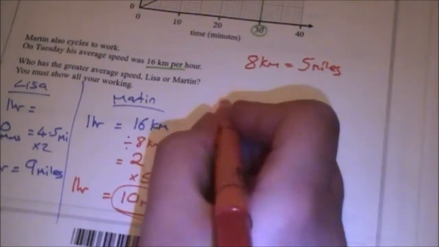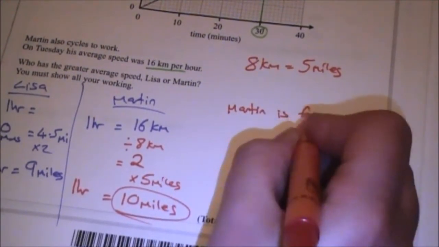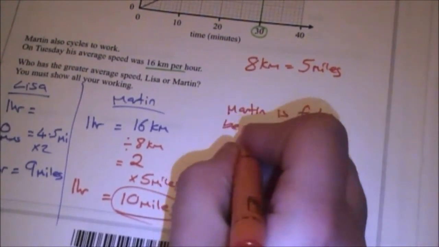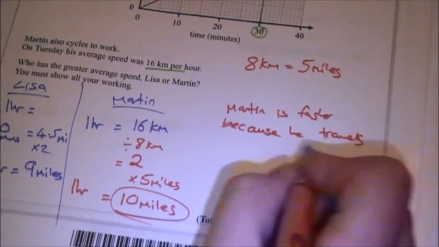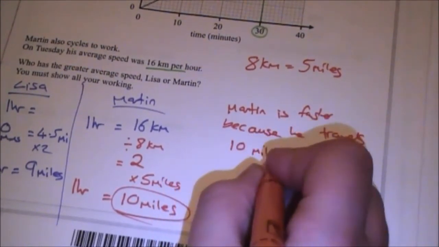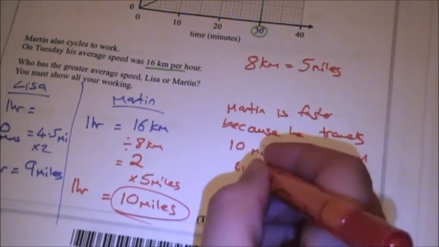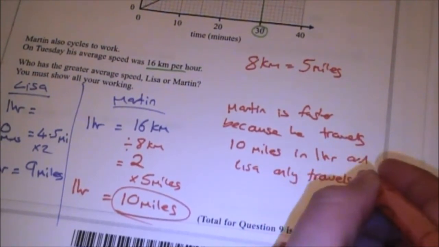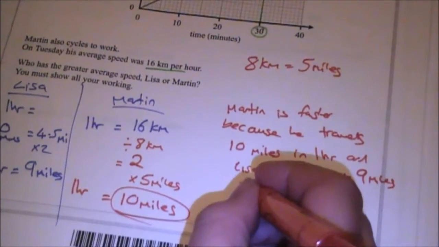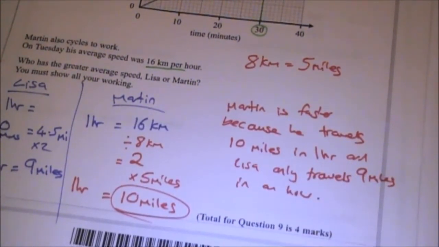So I'm going to make my conclusion now that Martin is faster because he travels 10 miles in 1 hour and Lisa only travels 9 miles in an hour. So how are the 4 marks allocated for this question?